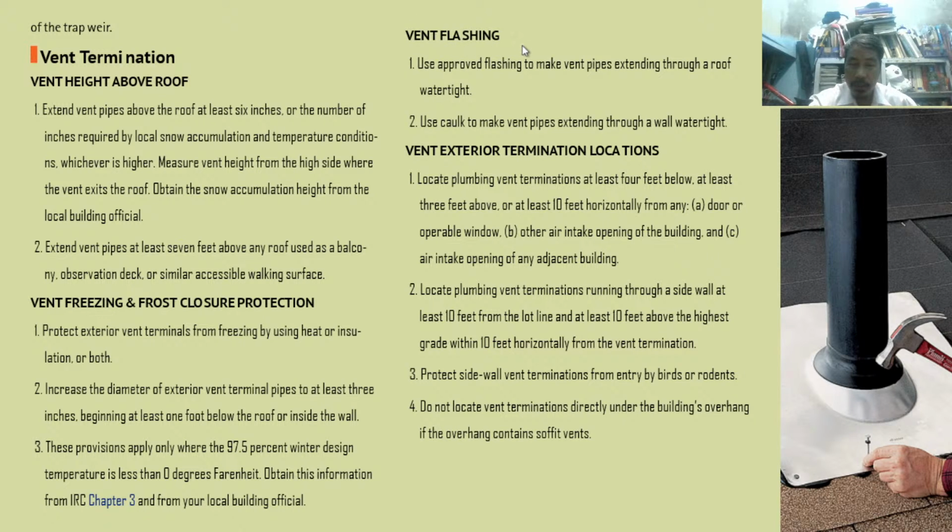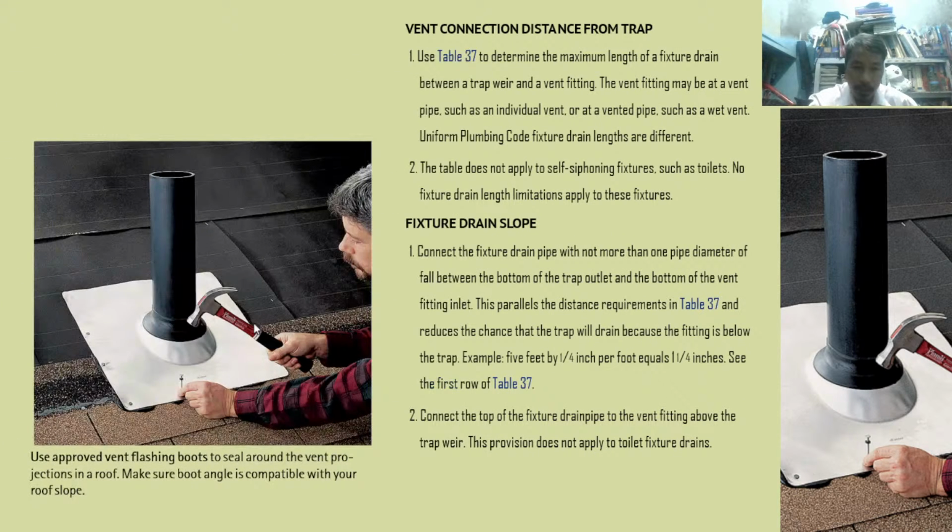Vent flushing. Use approved flushing to make vent pipes extending through a roof watertight. So what do we mean by flushing? This is what we mean by flushing. This plate right here is what we call flushing.